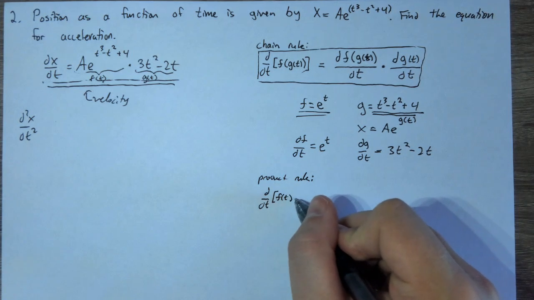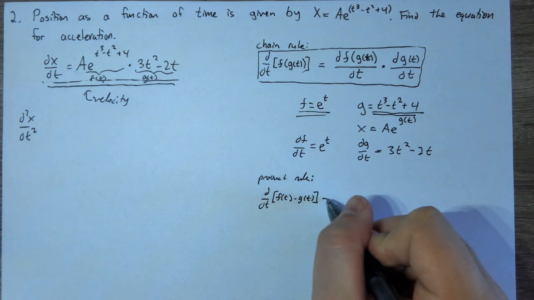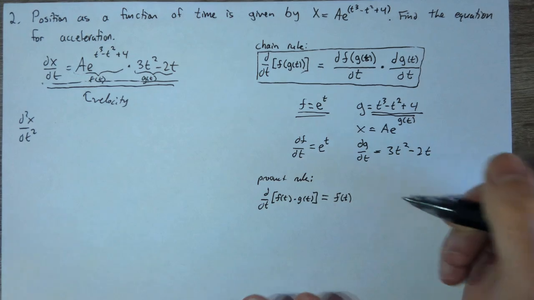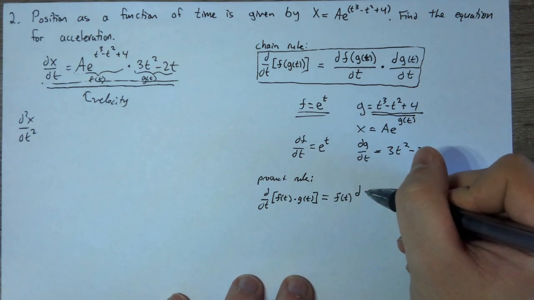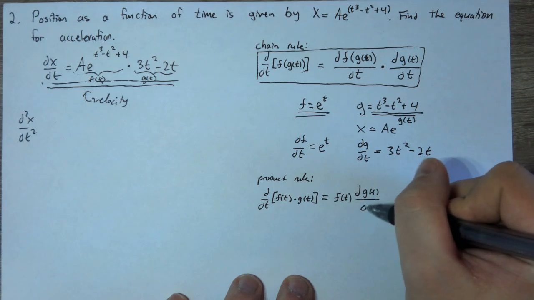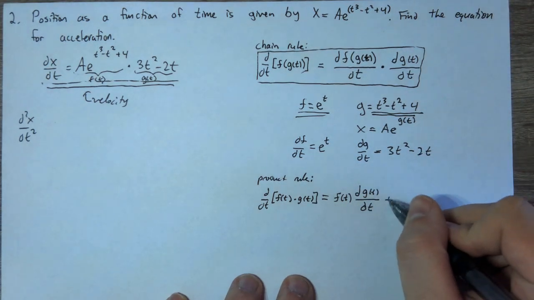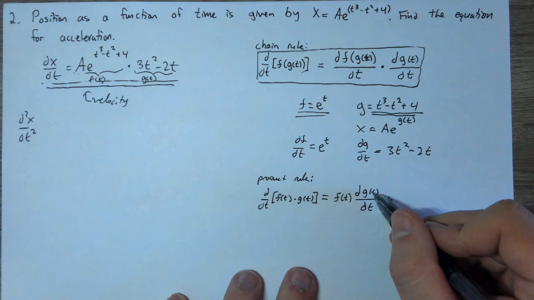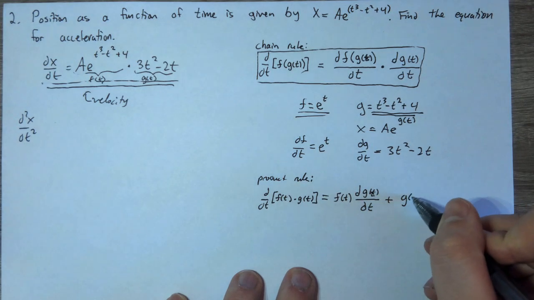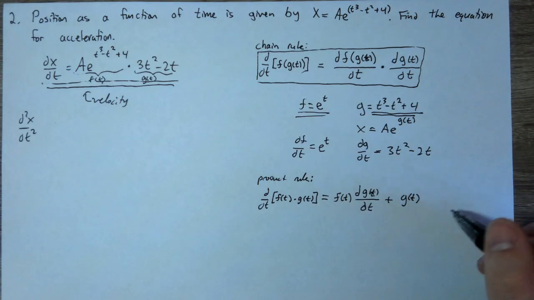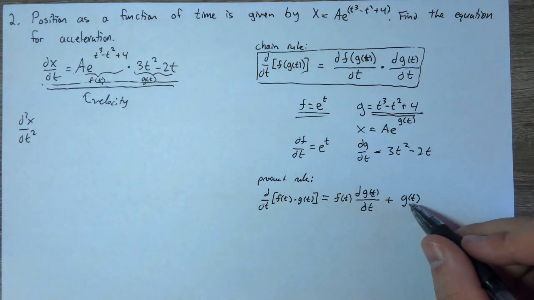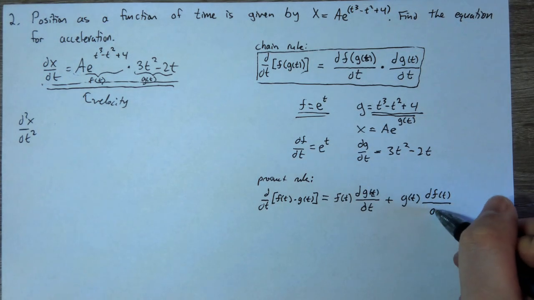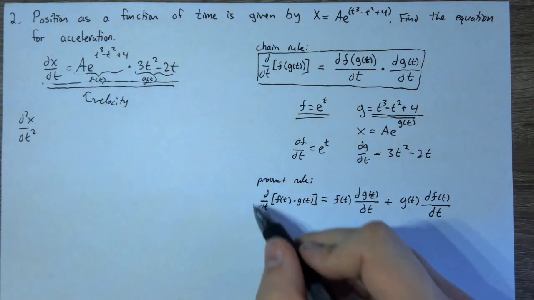So if you have f(t) times g(t), you're taking the derivative. What you do is you can just write f(t) multiplied by the derivative of g(t), plus, now the one you did take the derivative of in the first term, you just write the regular value, g(t), and then you take the derivative of the one that you left alone in the first term.